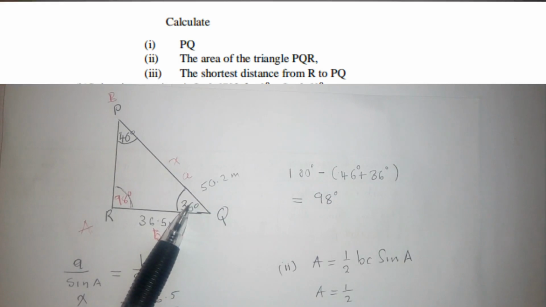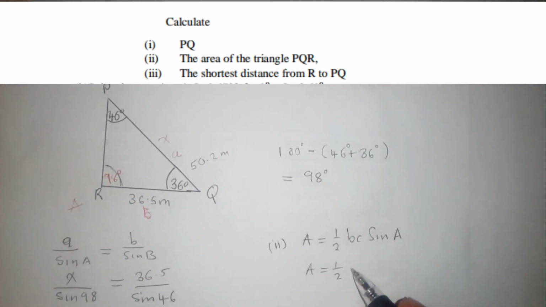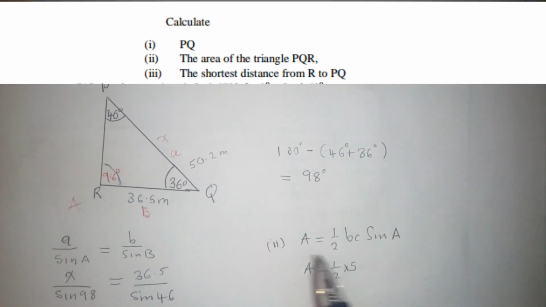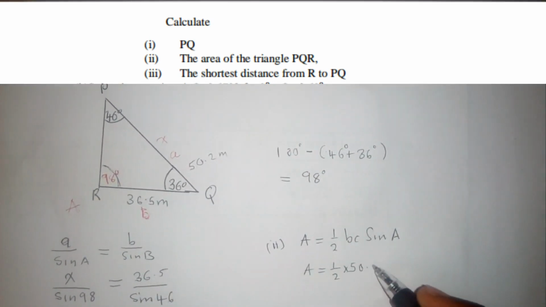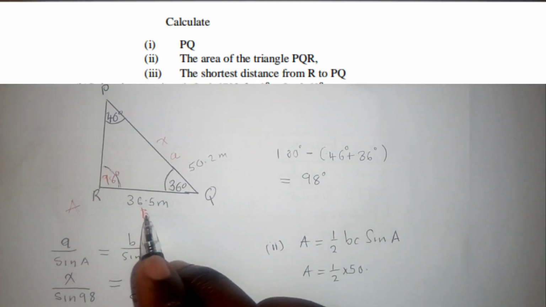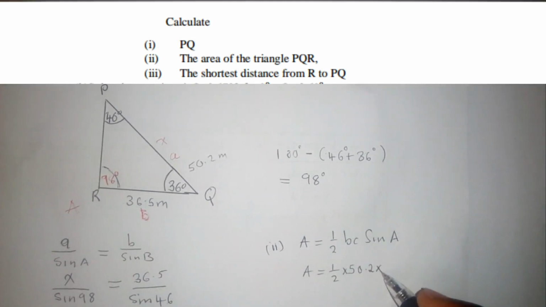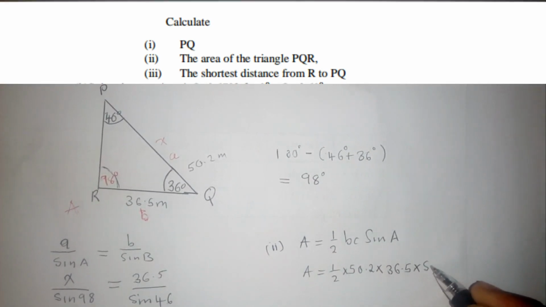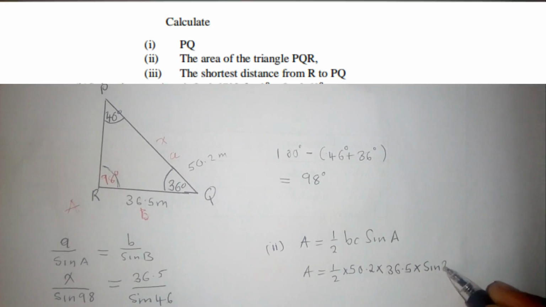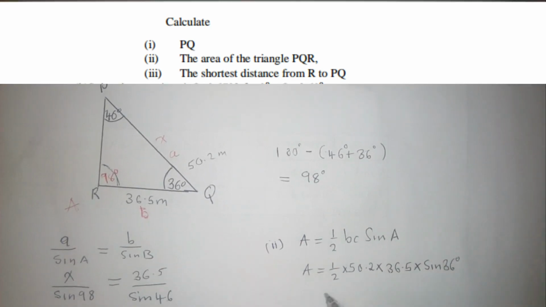And then B and C should be the two distances forming this angle, this side and this side. Whichever we pick to be our B, it's fine, whichever side we start with doesn't matter. And then sine 36 degrees, which is the angle.